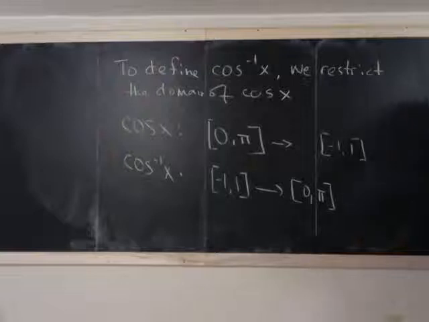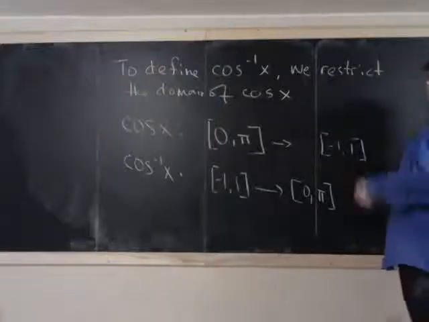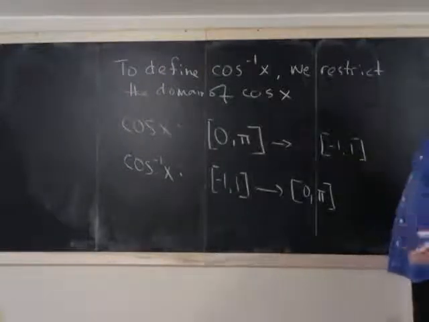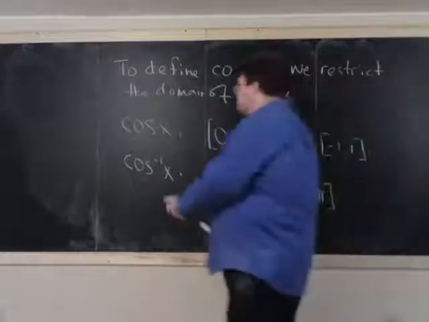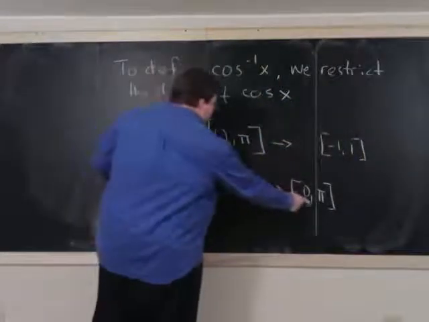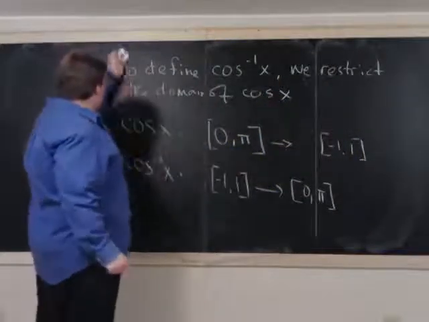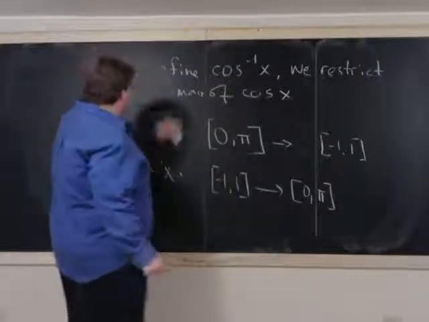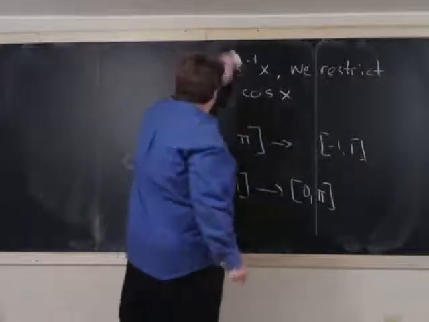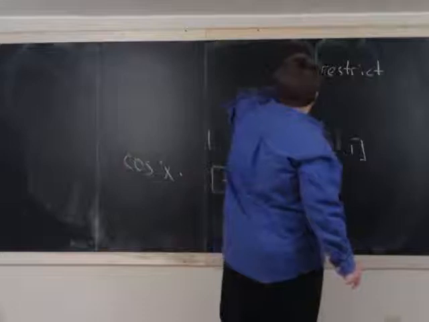Now, the inverse sine threw out quadrants 1 and 4 angles as its output. Right here, we don't have quadrants 1 and 4. Where is the interval 0 to pi, I guess I should say.